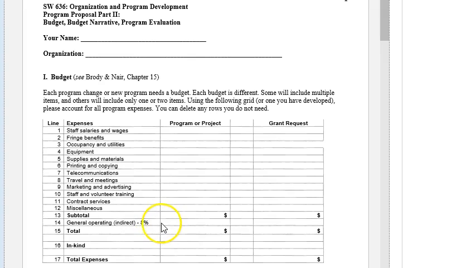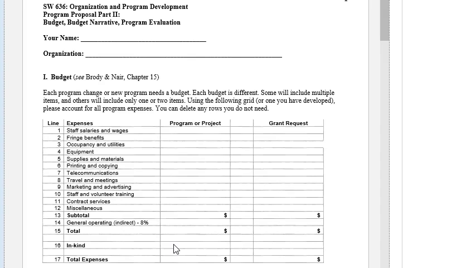Some grants allow for an indirect cost, so this would be 8% of the subtotal. In kind are things you are getting that are donated to the organization. So for example, if somebody's donating the use of a Xerox machine, what does that equate to in dollars and cents?